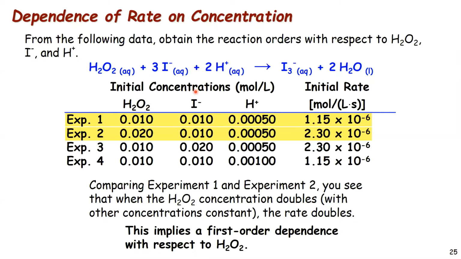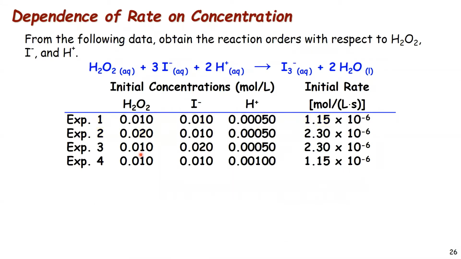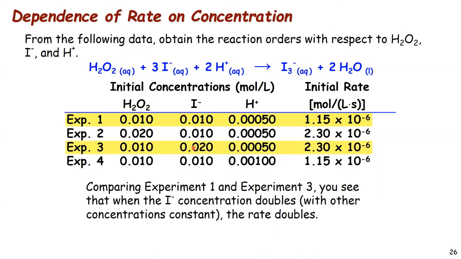Not really, right? Because if we look at 1 and 3, this and this is constant, this doubled, this is constant. Any other combination is going to result in more than one thing changing concentration, right? So we have no choice here but to use experiments 1 and 3.